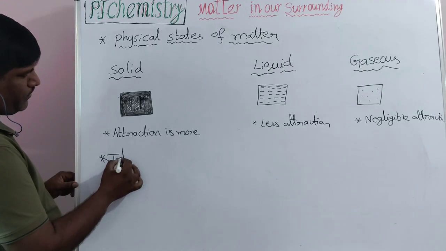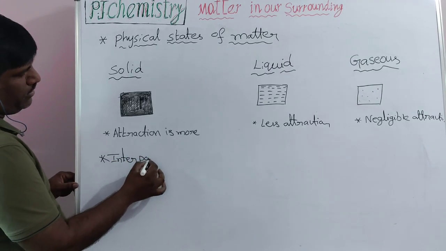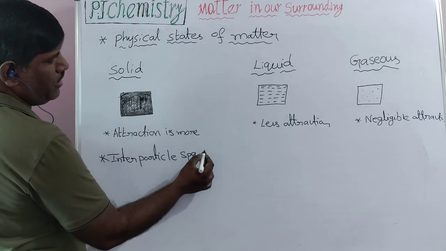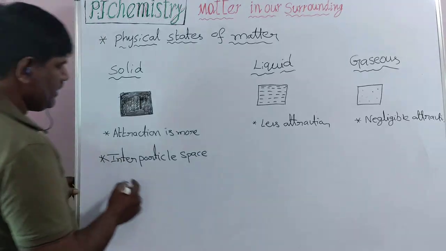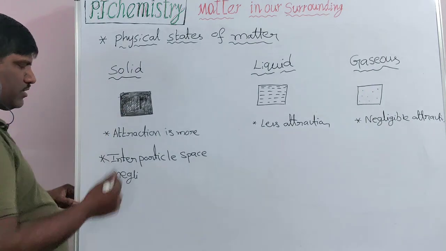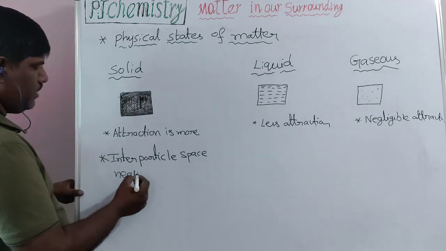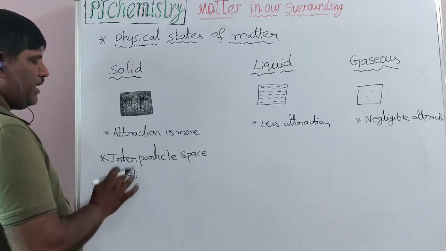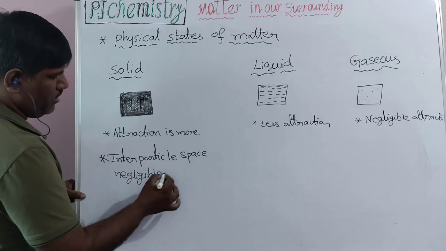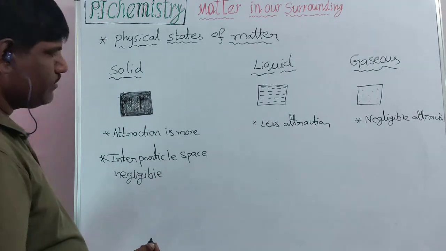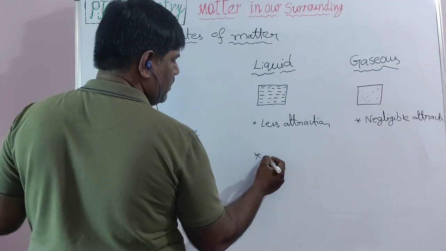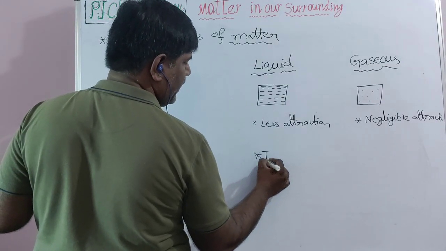Interparticle space is negligible for solids. There are some exceptions, which we will discuss clearly state by state. The general common point here is that interparticle space is negligible for solids. Compared to solids, liquids have more interparticle space.